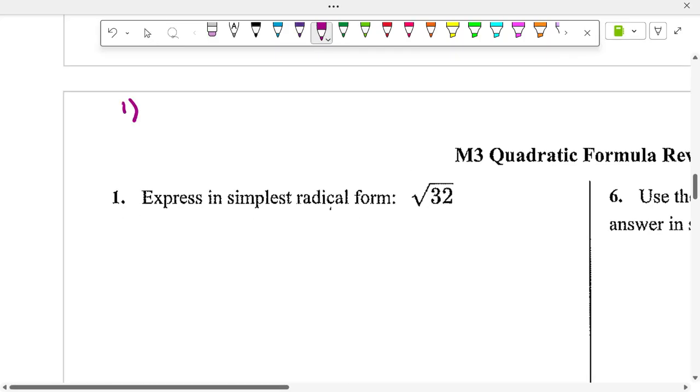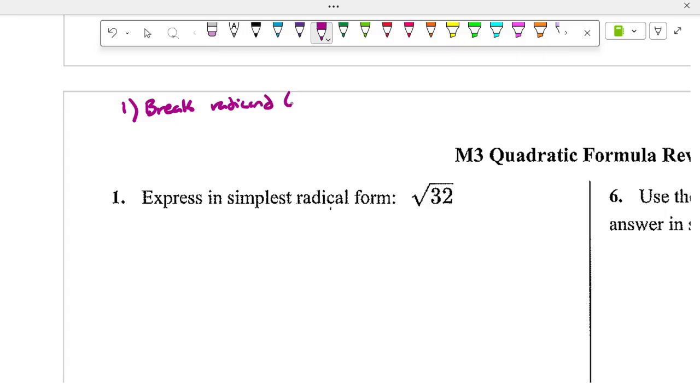So, to simplify a radical, you first break the radicand, which is that number under the radical, into 2 factors where 1 is a perfect square.